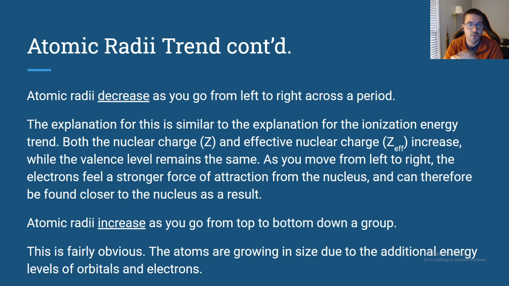And like I mentioned before, with electron affinity, there is a section in your book that talks about what electron affinity is. I'm expecting you to read through that section of the book, use what we've learned in this video about effective nuclear charge, Coulomb's law, to be able to grapple with electron affinity and its trend on your own.